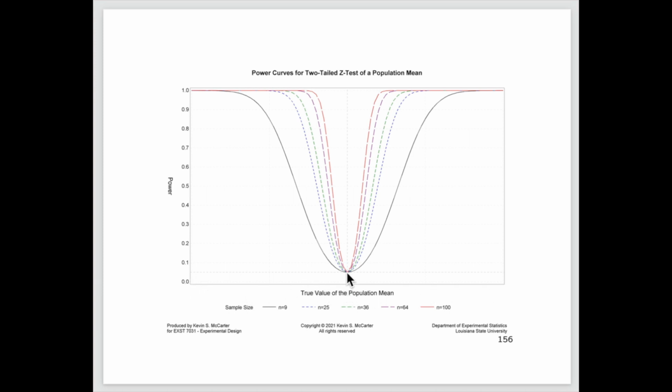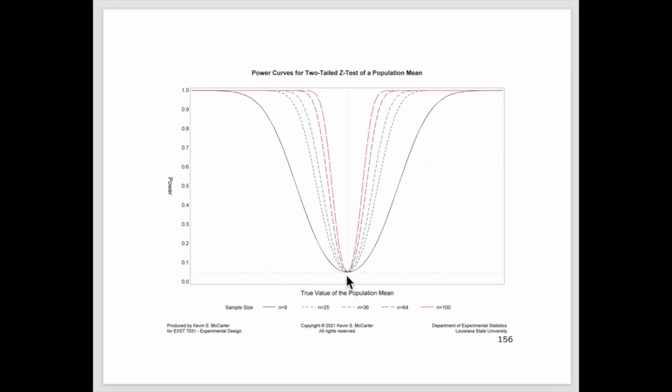Now notice that all of these power curves have a minimum equal to 0.05 when mu is equal to mu sub 0. Again, this vertical line is going through the point where mu is equal to mu sub 0. And the reason that these curves all go through the point mu 0 and 0.05 is because I'm using a significance level alpha of 0.05 for each of these tests. So the probability of rejecting the null hypothesis when the null hypothesis is true is 0.05.